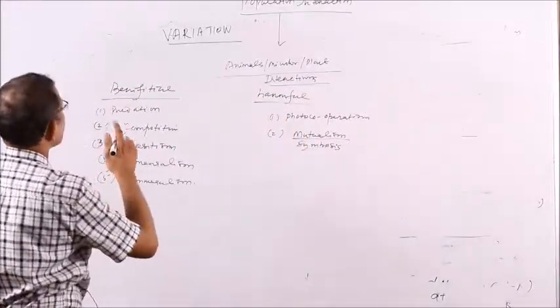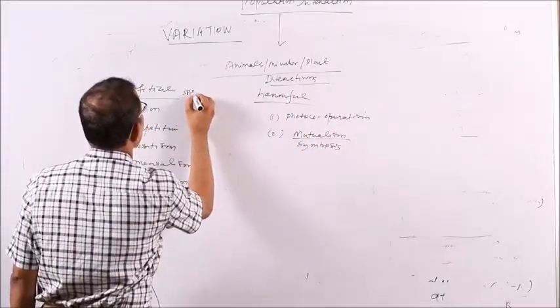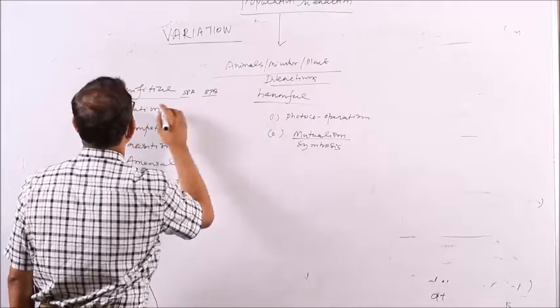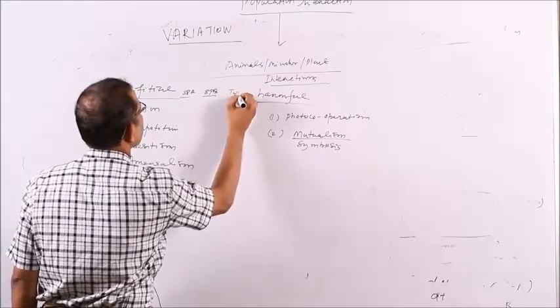Let us suppose there are species A and species B. What is the type of interaction?